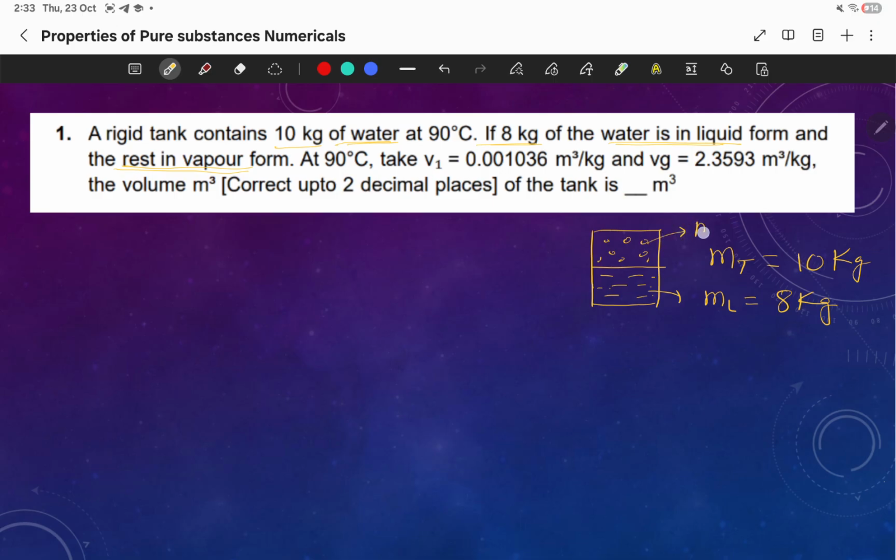So this is the mass of vapor. I hope we can calculate from here. Mass of vapor will be 2 kg, because total mass in the rigid container is 10 kg. So we have mass of liquid at 8 kg, mass of vapor at 2 kg.